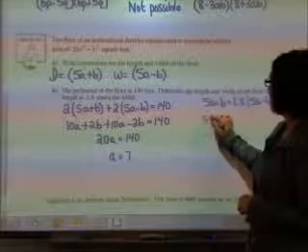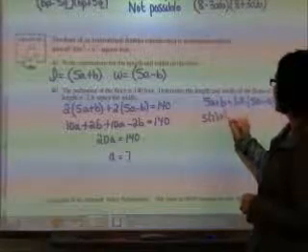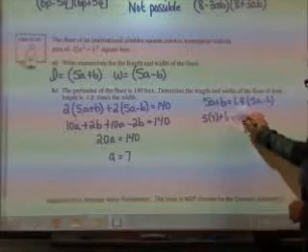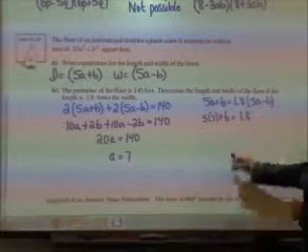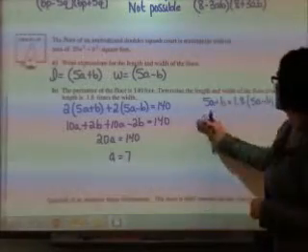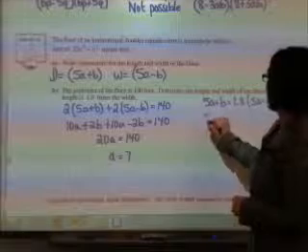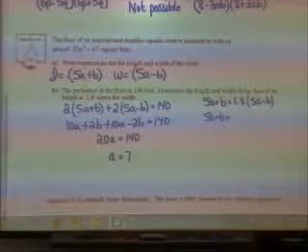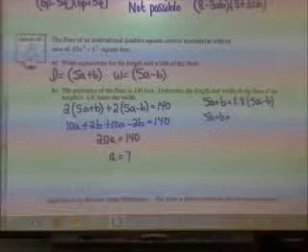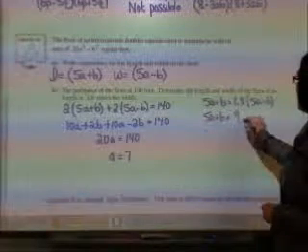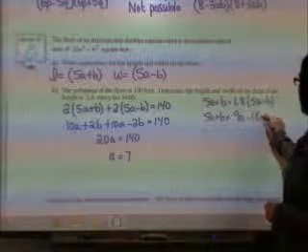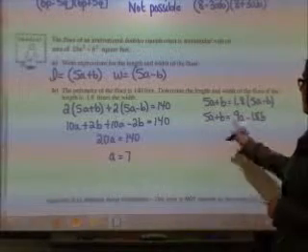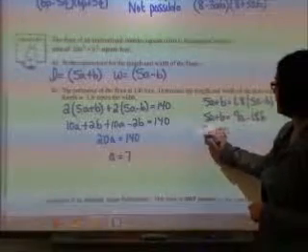Actually, let's remove the brackets first. 5a plus b equals 1.8 times 5, which is 9. So I get 9a minus 1.8b. Now let a be equal to 7.